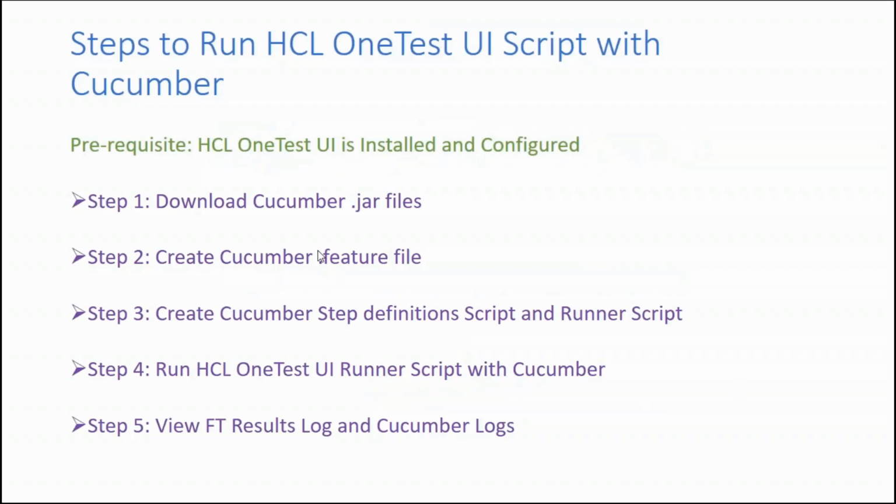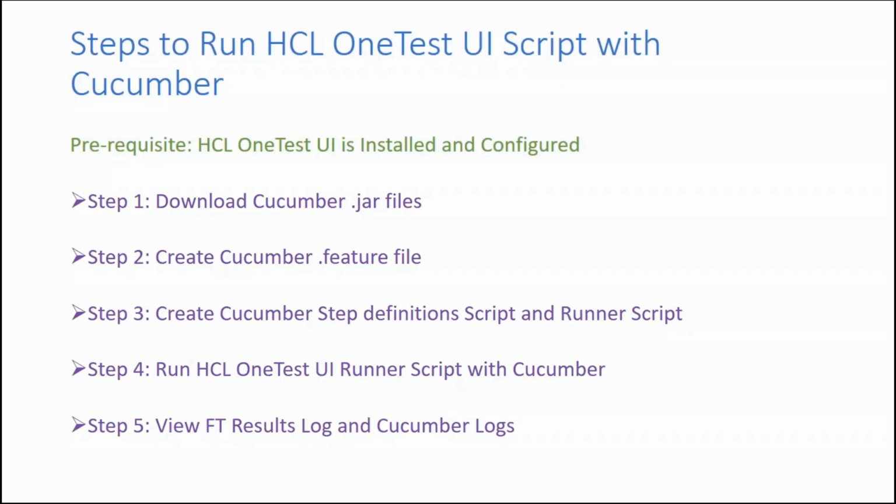We can do that in a simple 5 steps. First and foremost, we need to download the Cucumber jar files that are necessary to process the feature file and runner classes. And we need to specify the scenarios and steps in the feature file, and we need to create a step definition script and Cucumber runner script.